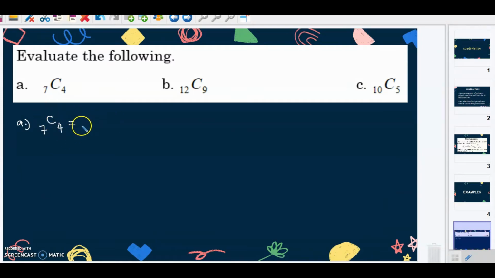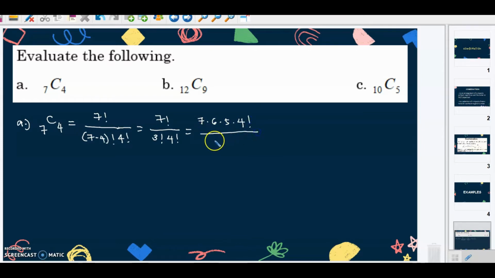Then to simplify this, this is just equal to 7 factorial over the quantity 7 minus 4 factorial, 4 factorial. We simplify this, then we will have 7 factorial over 3 factorial, 4 factorial. We further simplify this by expanding the numerator as 7 times 6 times 5 times 4 factorial all over 3 factorial, 4 factorial.